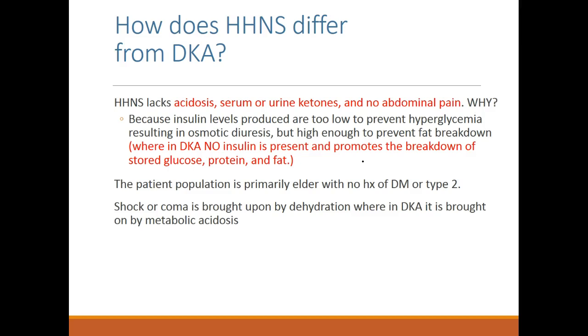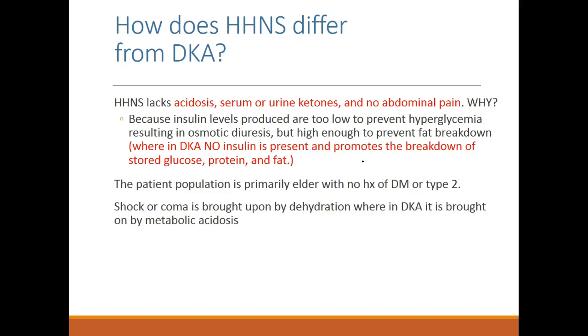So if the cells aren't getting enough glucose, it'll go to plan B, which is breaking down the fat, so there's no ketones, which doesn't lead to the acidosis. Whereas in DKA, no insulin is present and that promotes the breakdown of stored glucose, protein, and fat.